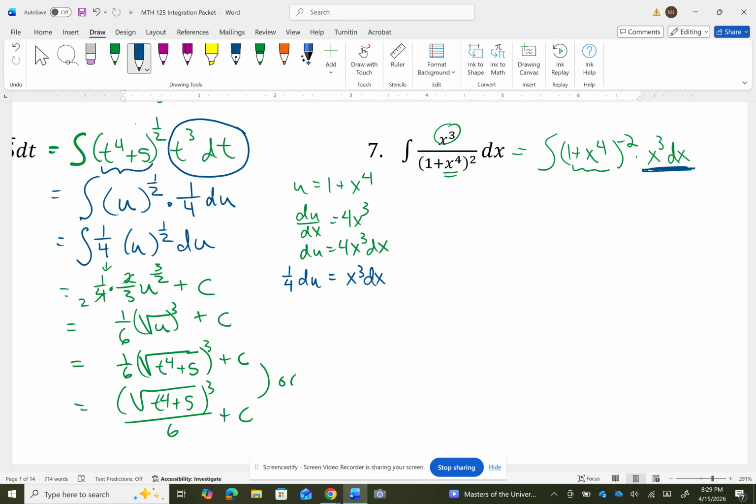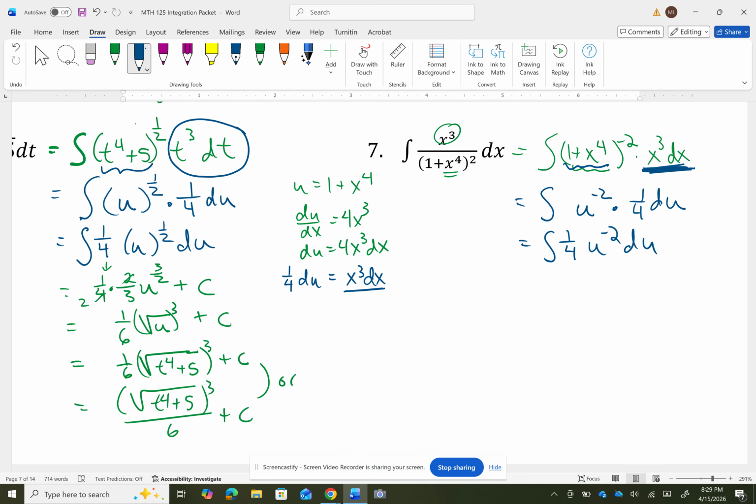And I did that because I want this to match that x to the third dx. Because I'm going to now replace the 1 plus x to the fourth with u, and the x to the third dx with 1/4 du. I'm going to keep the 1/4. That's just a constant out in front. By the way, you can bring it all the way out in front, but I usually just carry it along, so I don't really worry too much about that.